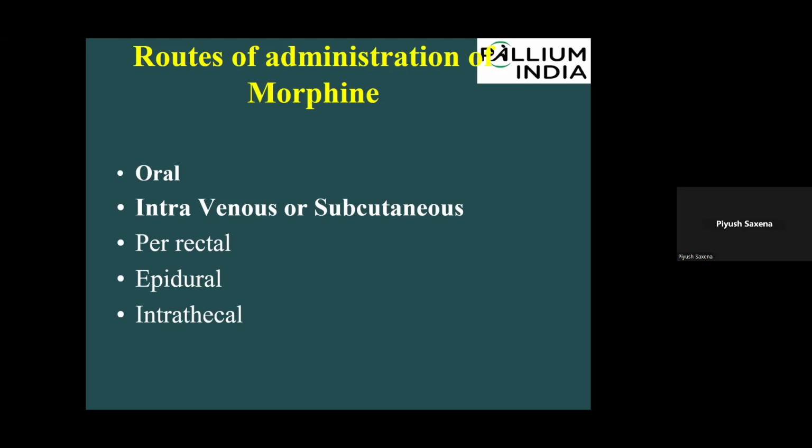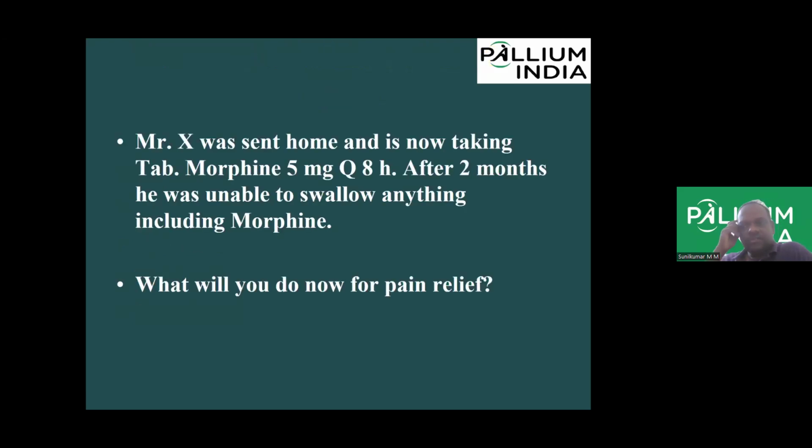Correct. Yeah, rectal. So I told you that morphine is water soluble. So you can take the morphine, 5 milligram. He was getting 5 milligram 8 hourly, isn't it? So take 5 milligram of morphine, add 1 or 2 drops of water, make it a paste, do a rectal examination, and deposit it on the rectal mucosa.